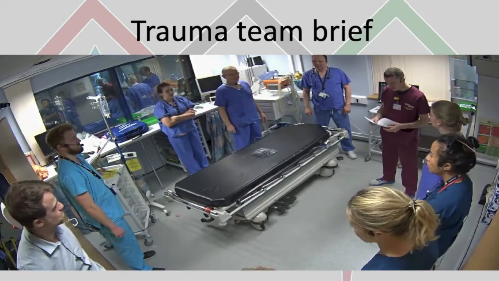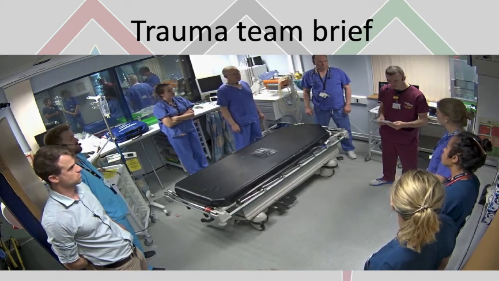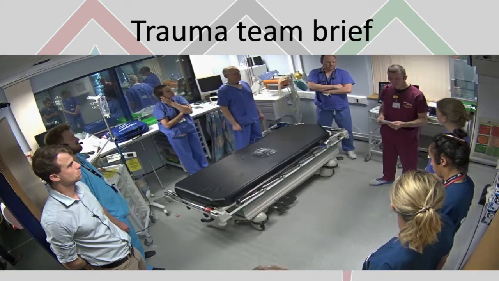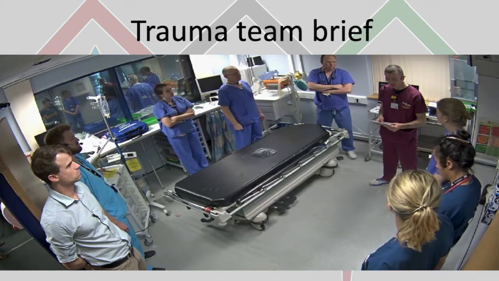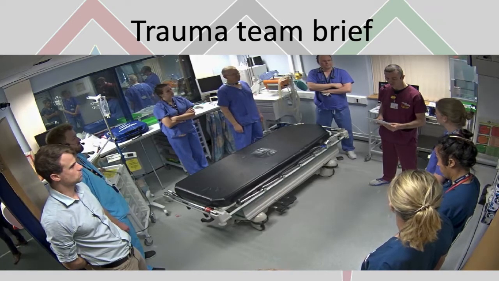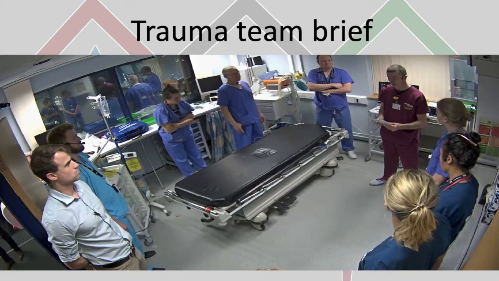Hi guys, thanks for responding to the trauma call. I'm Pete Williams, ED consultant and trauma team leader. We've been contacted by WAST with a pre-alert. We have a 20-year-old male who 30 minutes ago was crushed by a van against the wall. He's got head, chest and pelvic injuries, and he's got an amputation of his left lower leg.